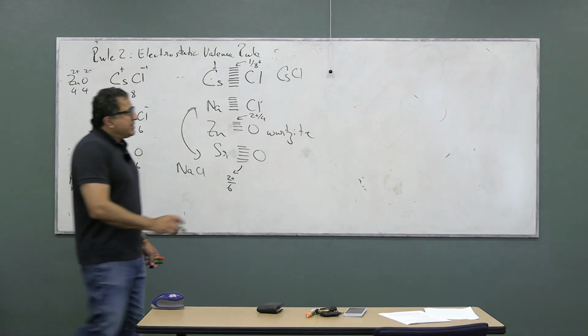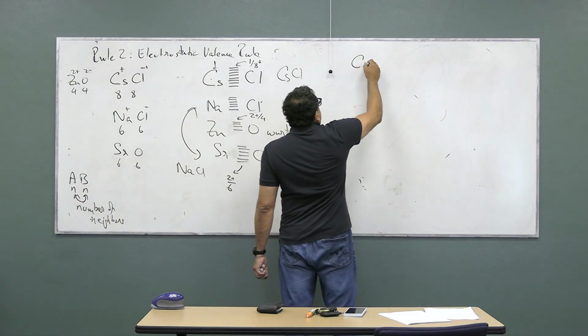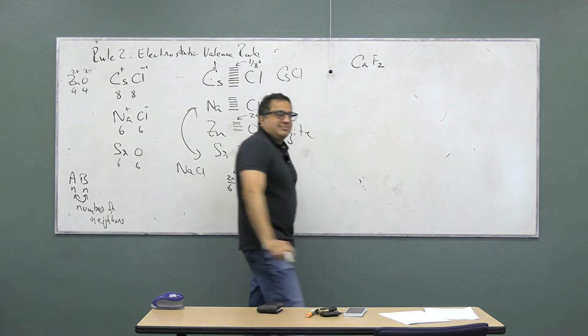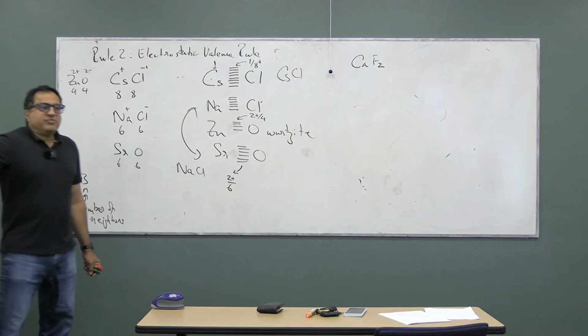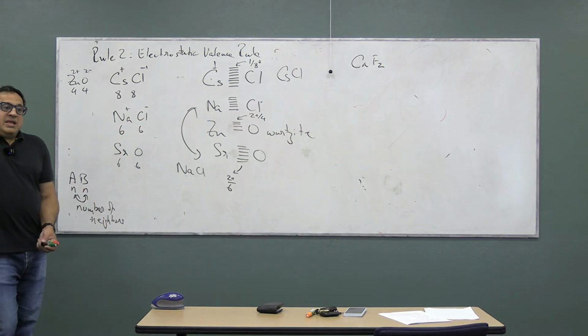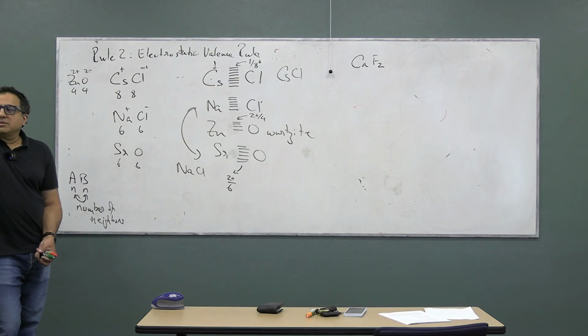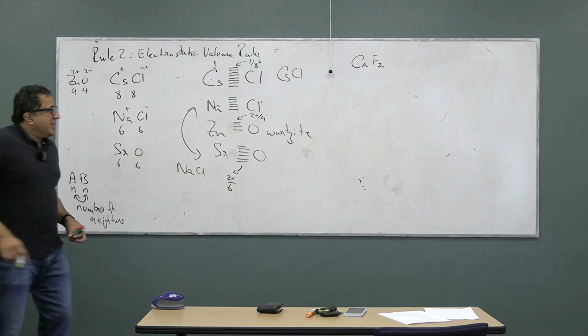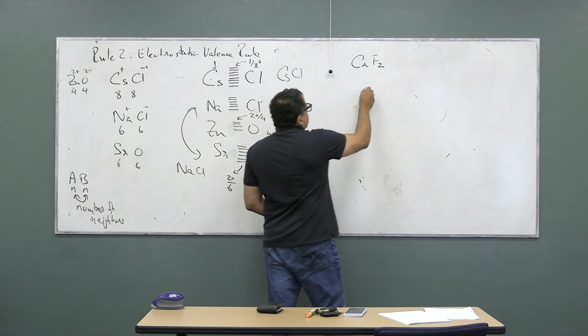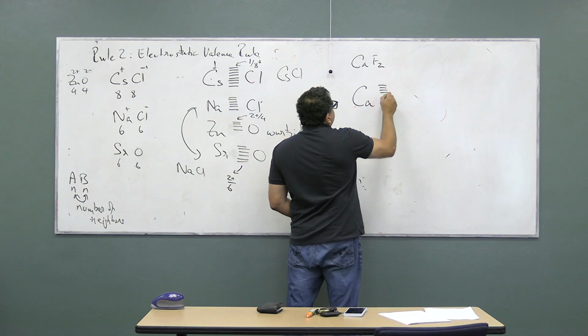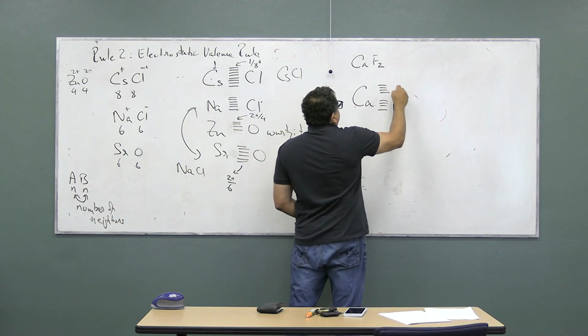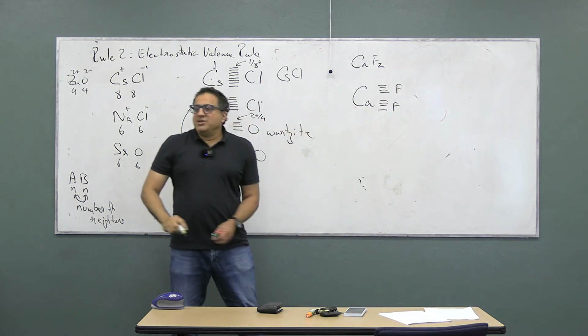Okay, but let's look at calcium fluoride. Calcium is 2 plus, and fluoride is 1 minus. So it's a 1:2 ratio now. And if you look at the structure of calcium fluoride, it looks like this. What does this tell you?